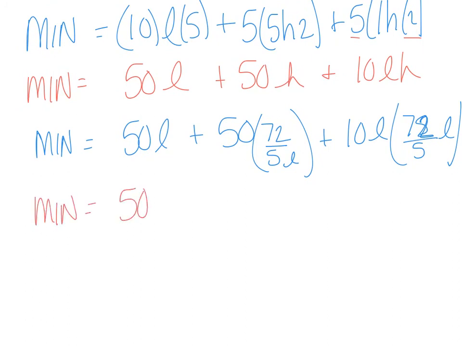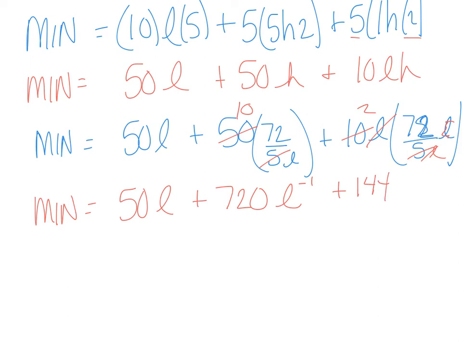I wouldn't typically multiply these terms first. I'd say 5 goes into 50 10 times, so that's going to get me 720 over L, and I know I'm going to derive it, so I'm going to bring that as L to the negative 1. 5 goes into 10 twice, so that's going to get me, oops, I think that L was in the denominator, I apologize, those cancel. That's going to get me a 144.